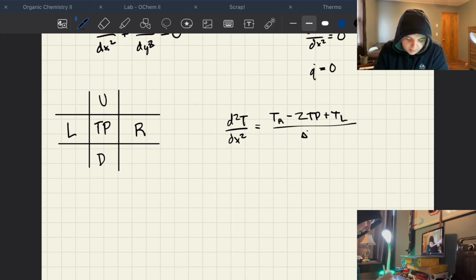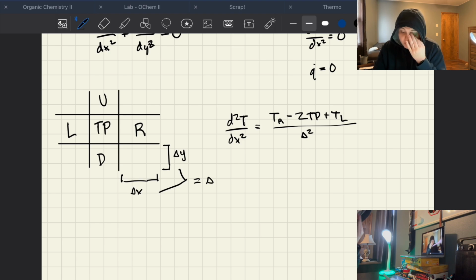The way we get delta squared is that this will be our delta x, and this will be our delta y, and they'll just equal delta together. So we're multiplying delta times delta in the denominator, so that's what we end up getting.